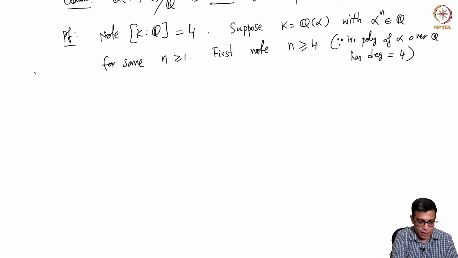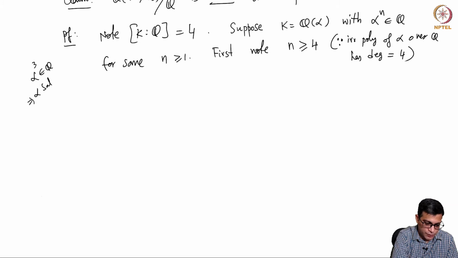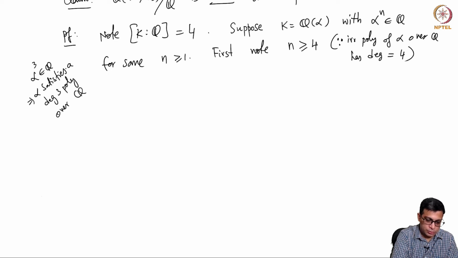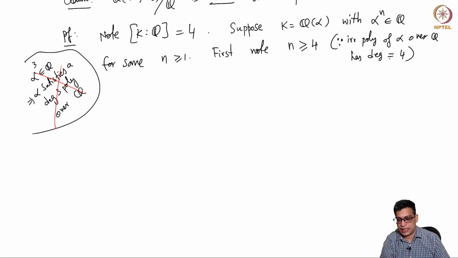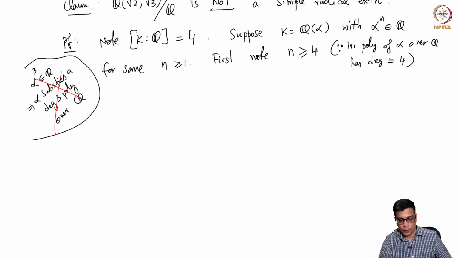So if alpha cubed is in Q, for example, this implies alpha satisfies a degree 3 polynomial over Q, right? But that of course can't happen because the least degree polynomial that it satisfies is degree 4. So n is at least 4.